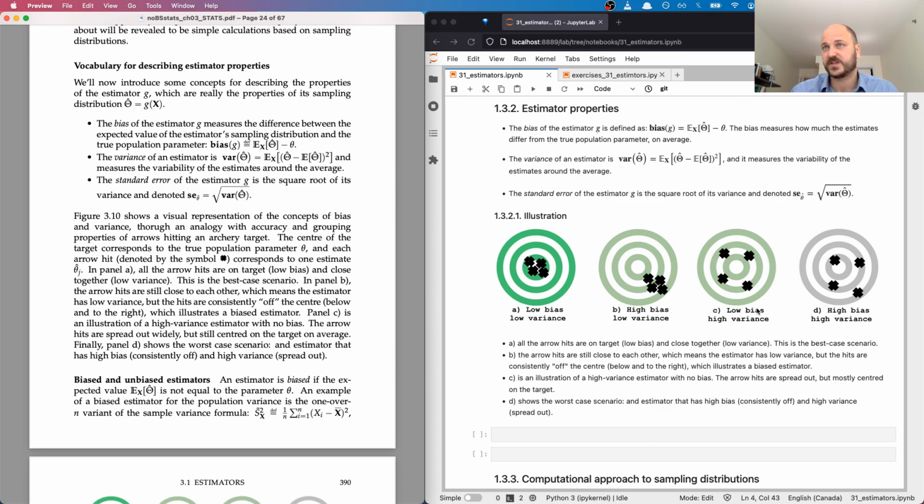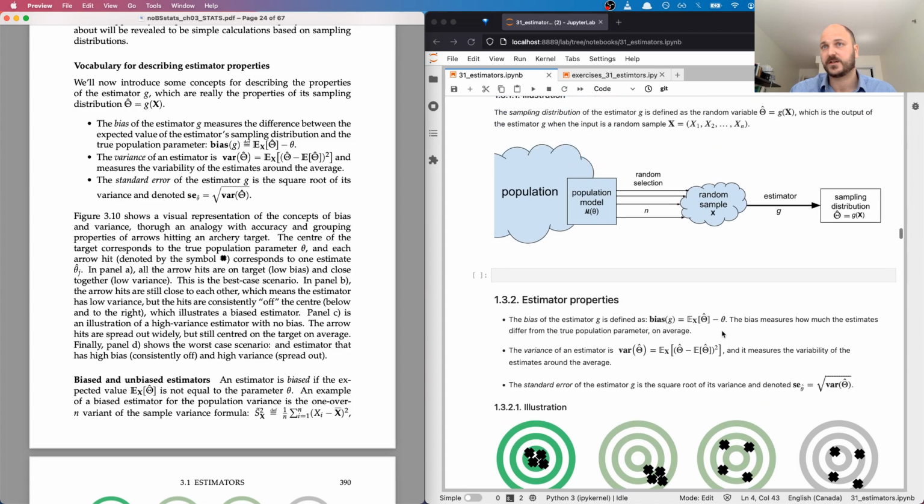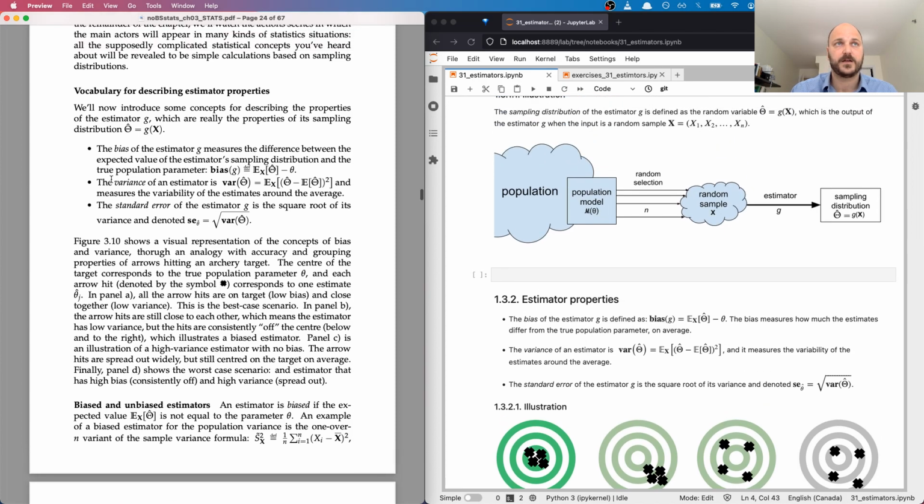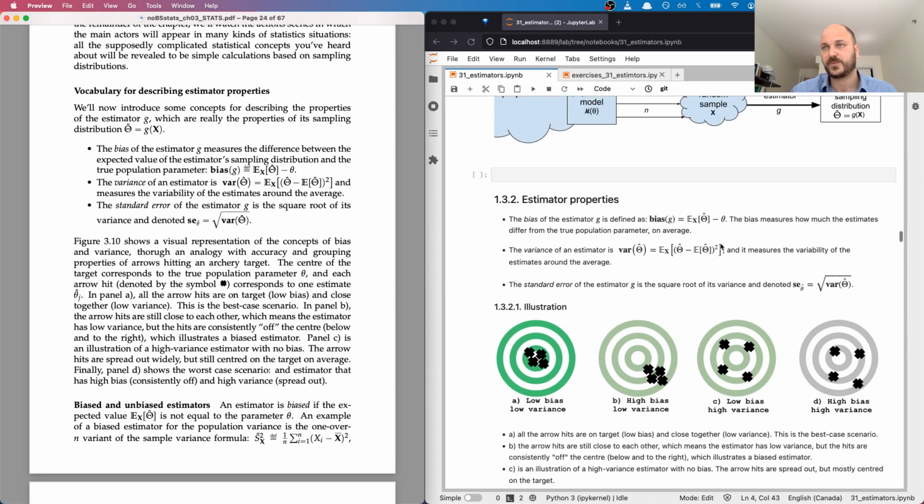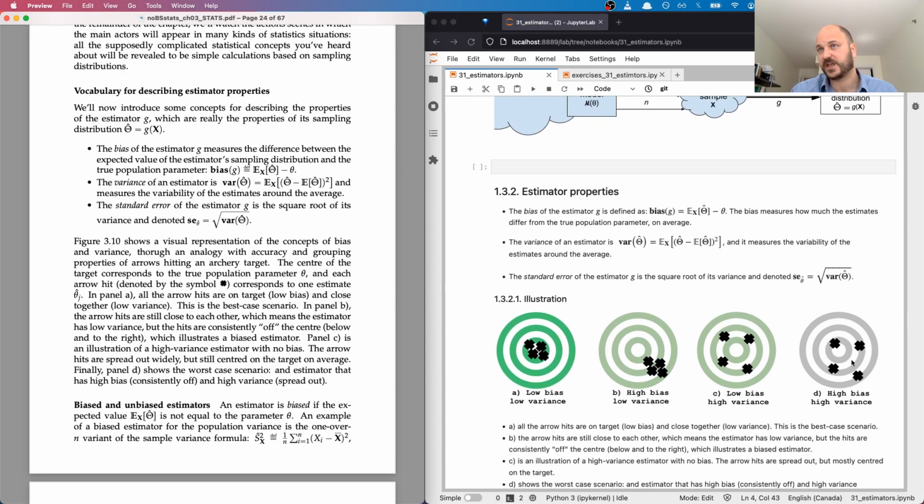A high variance estimator, on average, is hitting the mean, but you see they're really spread out. So the variance of the estimator is how spread out the estimates are. And this is the worst case. They're off and they're spread out. The estimates are no good.